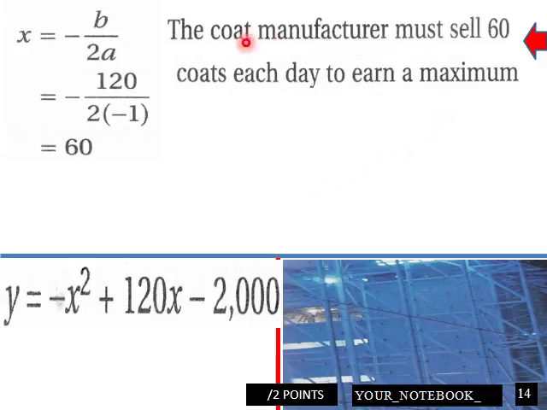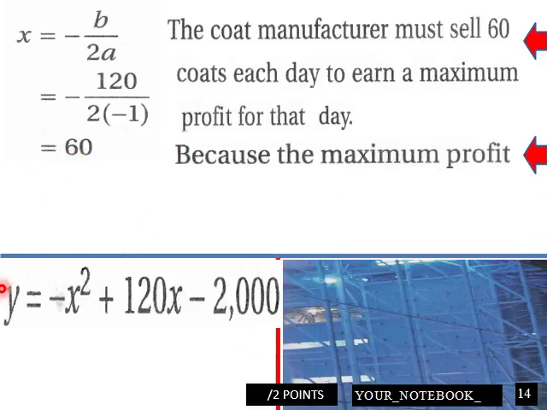So for the coat manufacturer, negative b over 2a is negative 120 over 2 times negative 1, which equals 60.